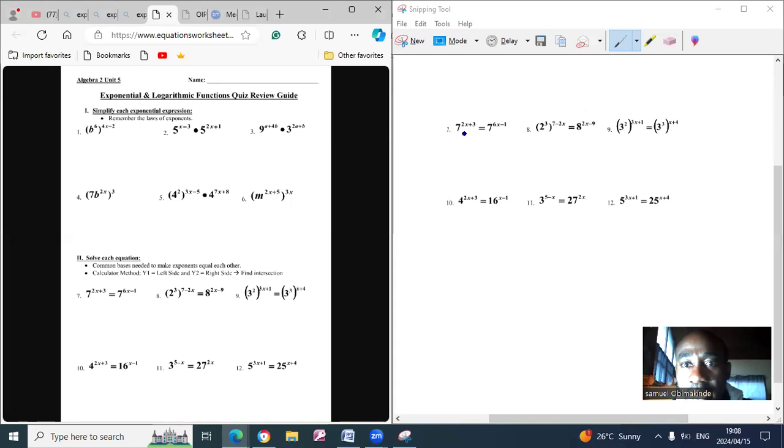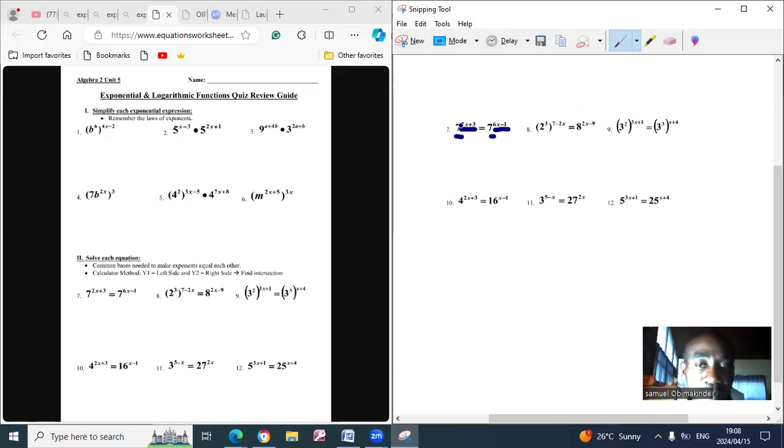If you look at this exponential equation, the first thing you want to look out for is the base. So this 7 here is the base, and 7 here is the base. What you have on top are called the exponent, or you can say power or index.